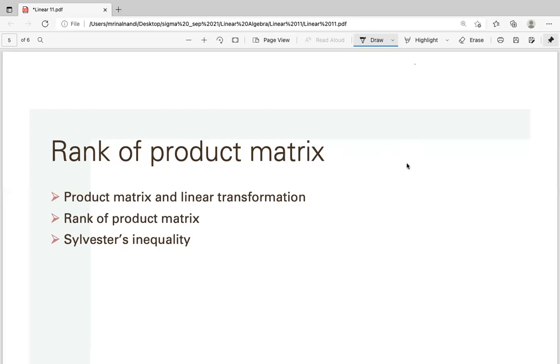And the rank of a product matrix, you know what it is? There is an upper bound and a lower bound on this rank. What can I say about the rank of A multiplied by B?